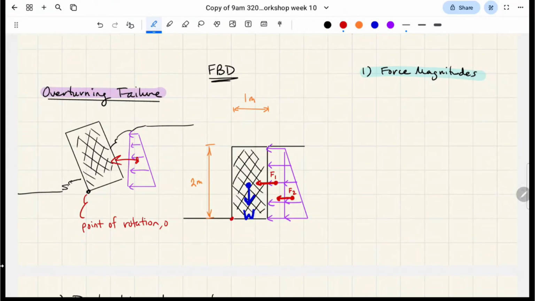That's what we call a disturbing moment. What's going to resist it is W. Because W is causing a clockwise spin on our cross-section diagram about point O, that's going to be our resisting moment. Does that make sense for overturning failure? That's how it works.